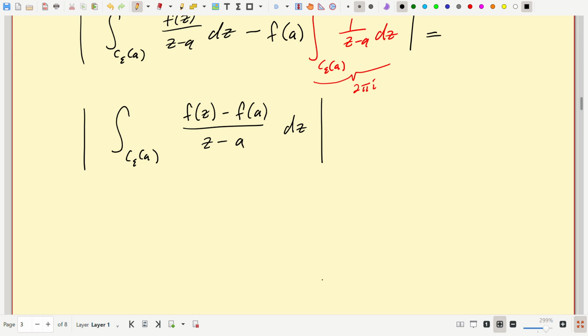In fact, why don't I do it like this? This is less than or equal to the max of the modulus of f of z minus f of a, and the modulus of z minus a on that little circle is equal to epsilon for z on the circle.